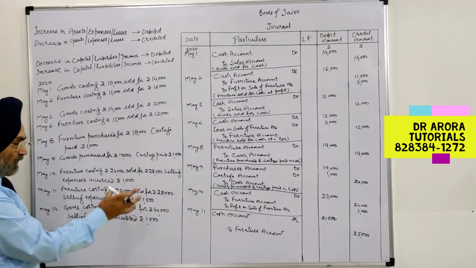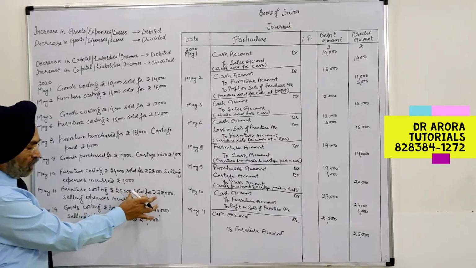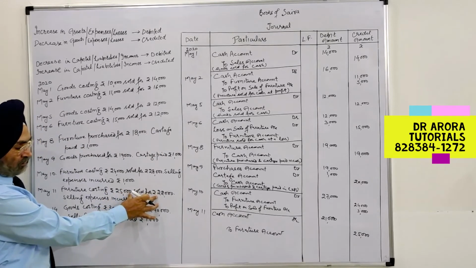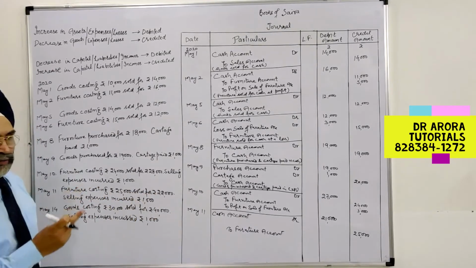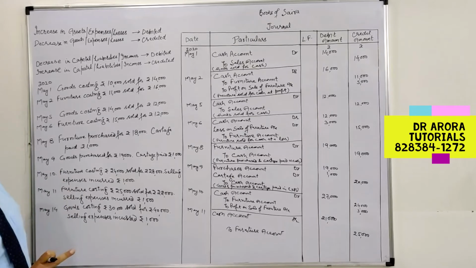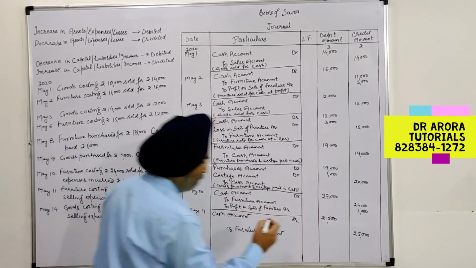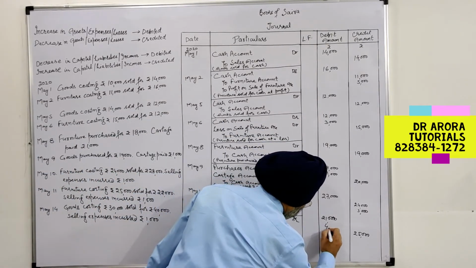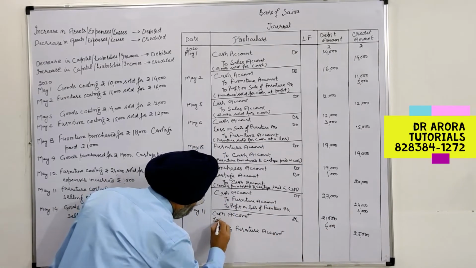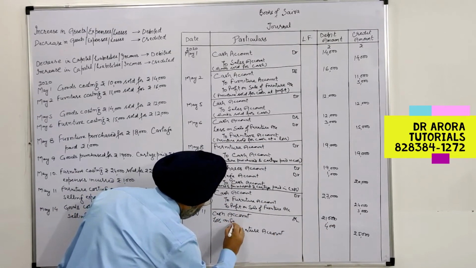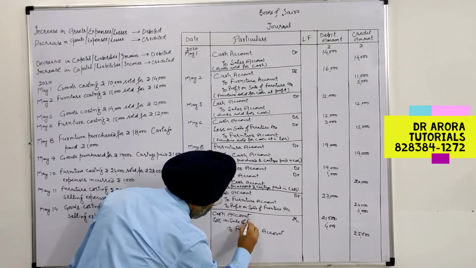Otherwise, our loss would have been 3,000. But because of selling expenses, our loss will increase by rupees 1,000. So our loss will be 4,000 rupees. So this is loss on sale of furniture account.